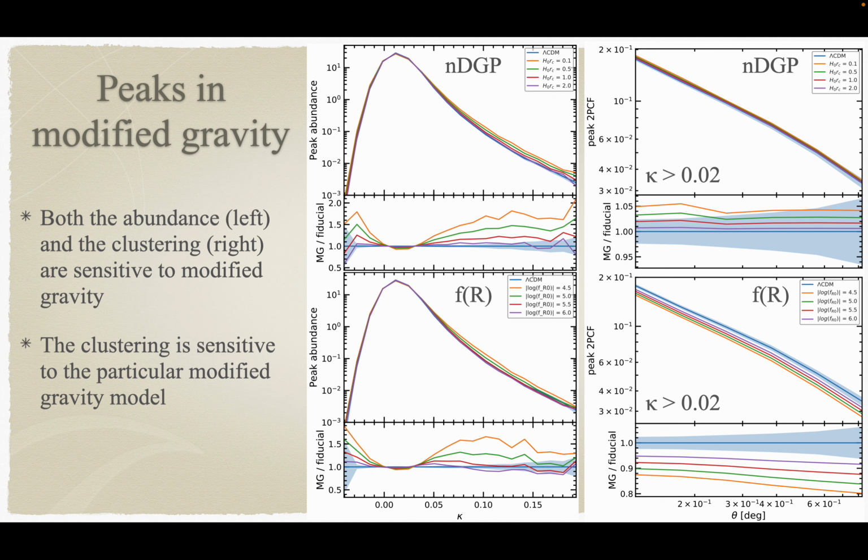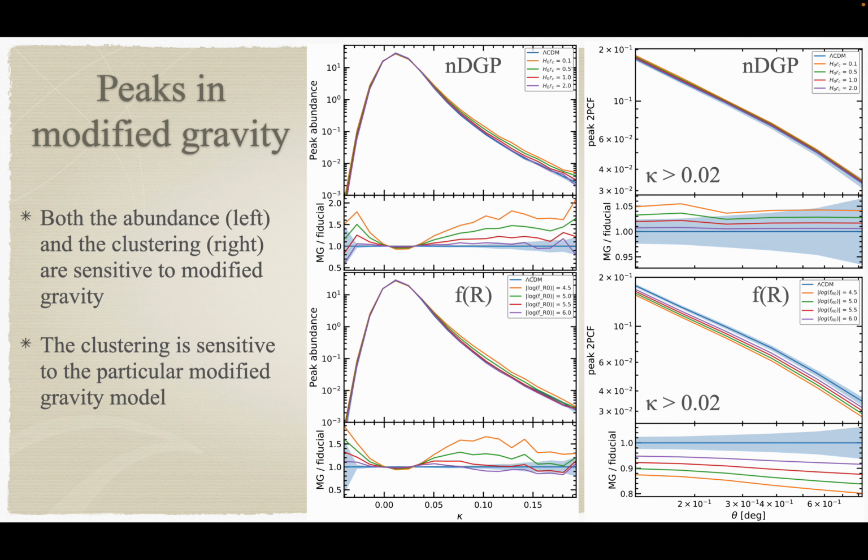On the left here, we see that the abundance of the peaks is sensitive to modified gravity, mostly at the high convergence end, but also at the negative convergence regime.